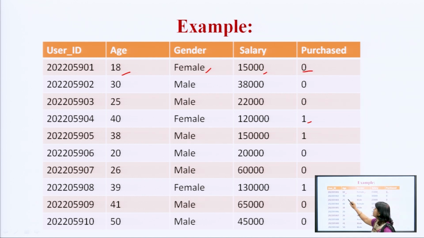A person aged 30, male, with a salary of 38,000, obviously will not have a car. If the person is 25 and male with this salary, no car. If the person is 40, female, with a salary of 1 lakh plus, then she has a car.